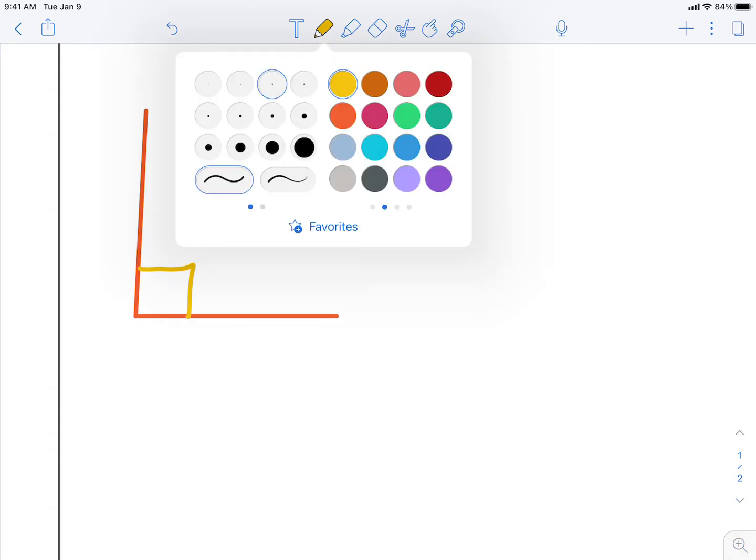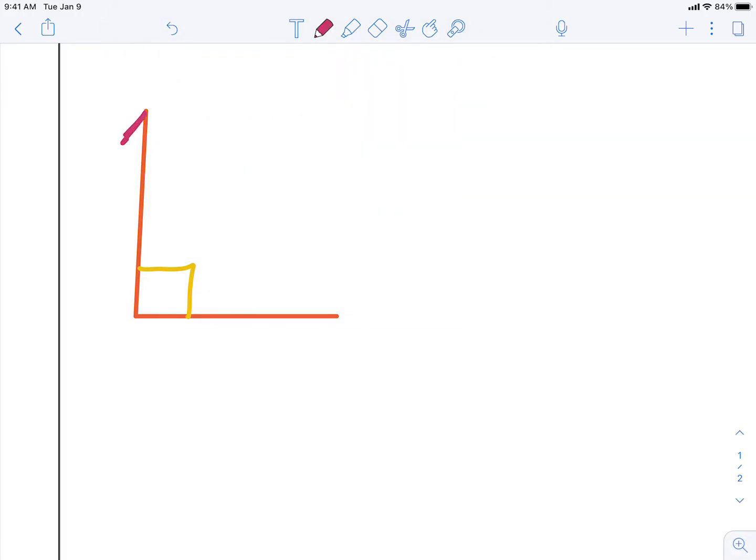I'm going to do arrows here because there are 2 lines. And I'm going to put a point in the middle where the 2 lines touch. So now there are 2 rays. A ray is a line that starts and then goes that way. 2 rays, so I have 1 point where they meet. But I want 2 more points. So I'm going to put another point here and another point here. So those are 3 points.